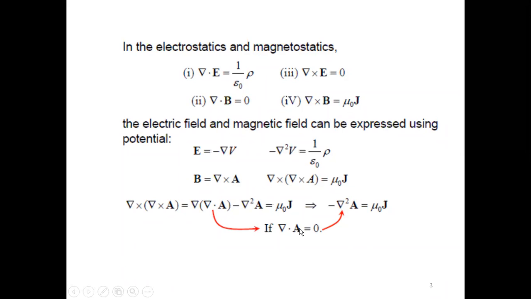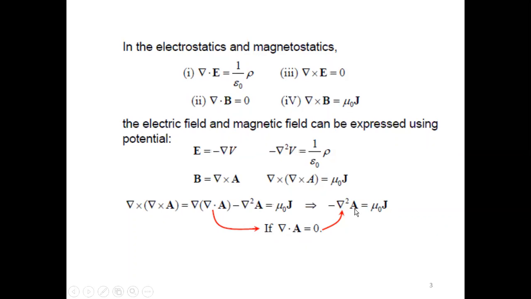Why is this 0? It is a specific condition which is called the Lorentz gauge. We are going to discuss it shortly. So if the vector potential A has zero divergence, then this term becomes minus del squared A equals mu 0 J.